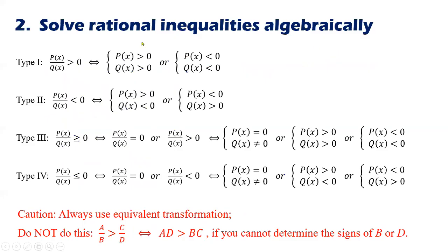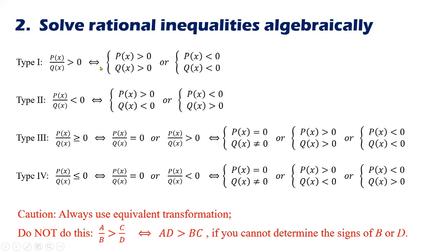Okay, let's have a look at how we solve rational inequalities algebraically. So typically there are 4 types of inequalities. First one, you might have a ratio between 2 polynomial functions, and the ratio is greater than 0. If you have a type like this, this is equivalent to the signs of p(x) and q(x) being the same, right?